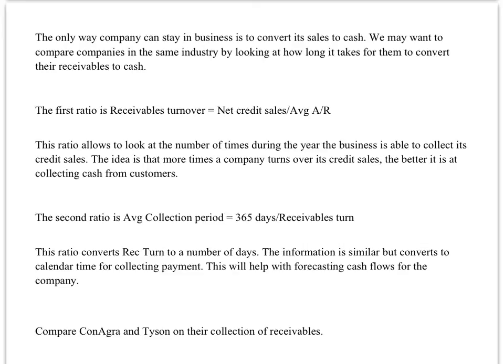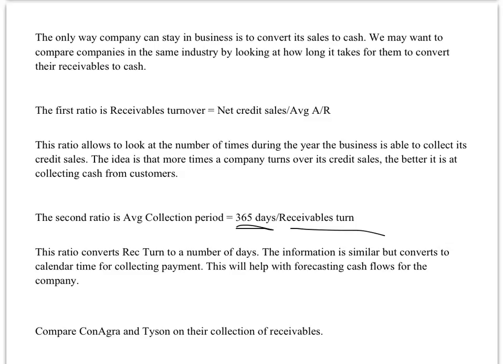Now, the next ratio, the average collection period, just takes the receivables turnover ratio and converts it to days. So you take 365 days, the days in a year, divide it by your receivables turnover ratio, and that gives you your average collection period. So it's sort of accounts receivable days outstanding.